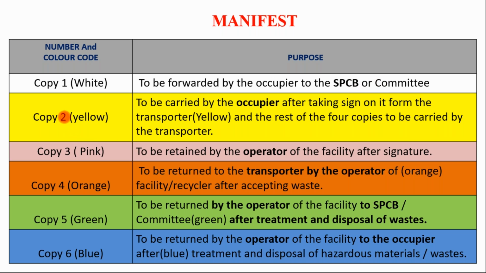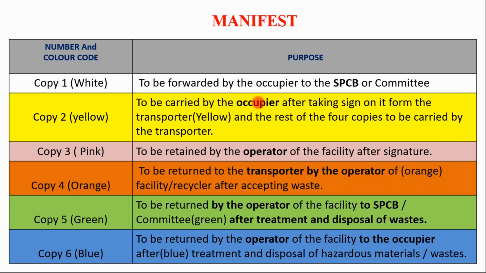Then copy 2, that is manifest number 2, having the color yellow. This clearly shows the significance: to be carried by the occupier after taking the signature on it from the transporter, and the rest of the 4 copies to be carried by the transporter.